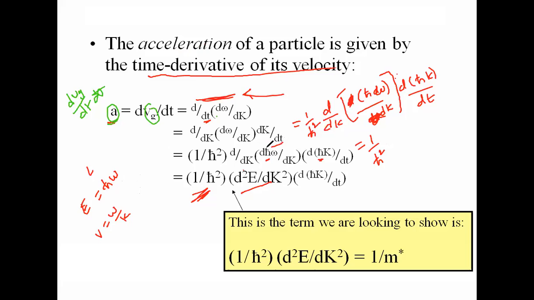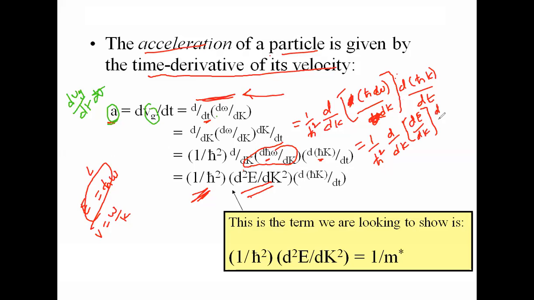This part actually, you're going to get this one, d square E by dk square. So what is this actually? H cross omega is energy, right? Is it clear? What is h cross omega, beta? E, energy. Yes sir. So d by dk of d by dk.